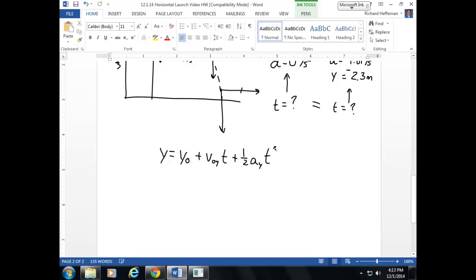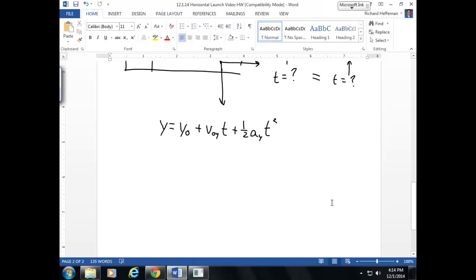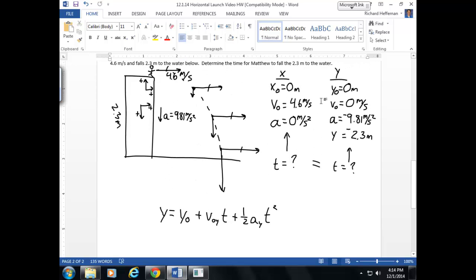So at this point, it might be a little clearer why we were calling things x and y earlier in the year, because things get a little confusing using both horizontal and vertical information at the same time. So I would go really slowly and make sure that I'm really listing everything in the x direction and y direction so I don't make any mistakes.